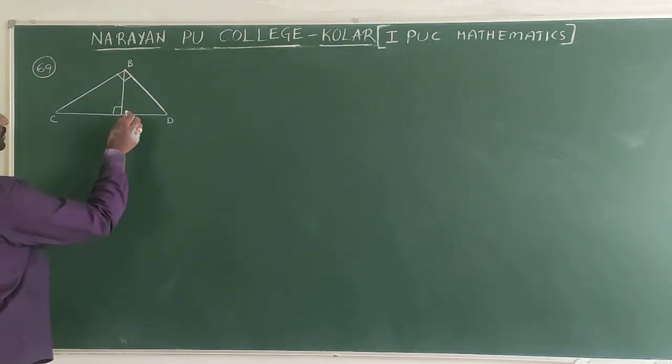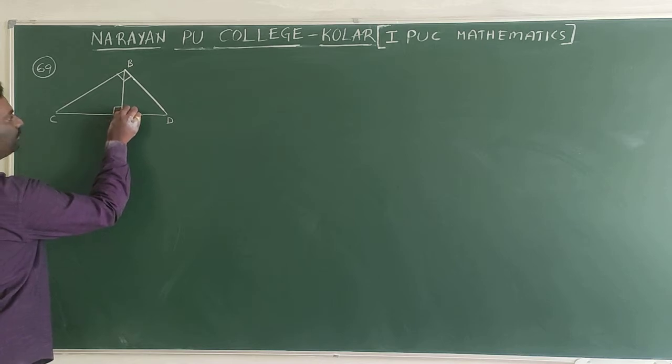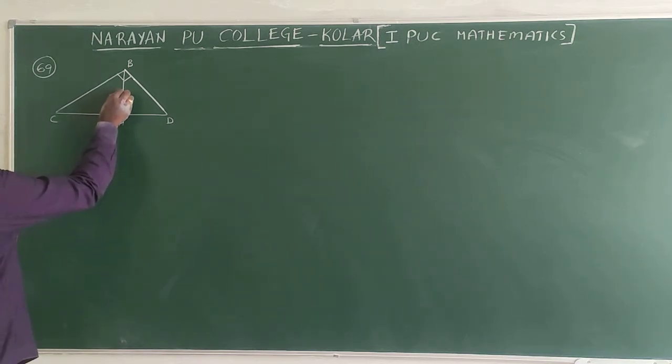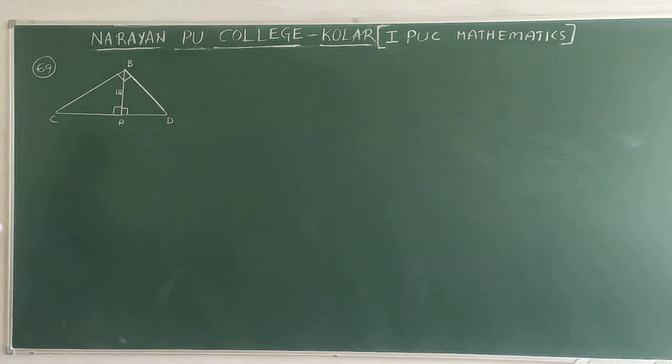Okay. Now, it is also 90. Next, the given AB is 12. Next, AC is 16 and BC is 20.